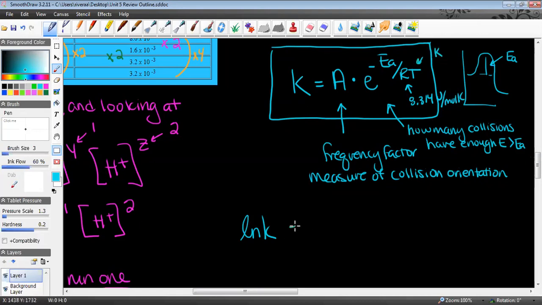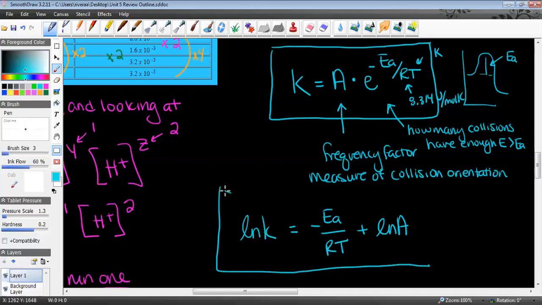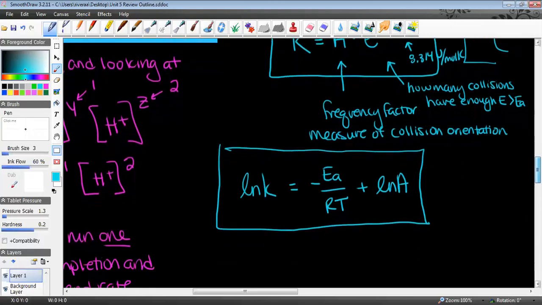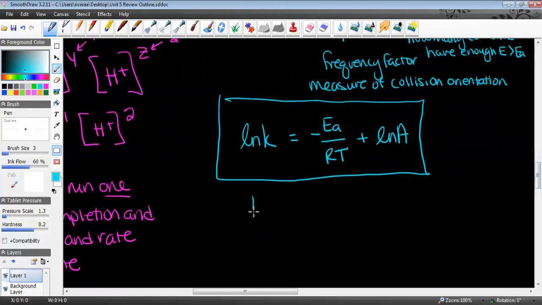Okay, so when we integrate this, we get ln of k is equal to negative EA over RT plus ln of A, being that frequency factor. I know that looks like a pretty gross, icky equation, but we're actually going to use it in the lab tomorrow, or the virtual fake lab tomorrow. Do you see the y equals mx plus b?